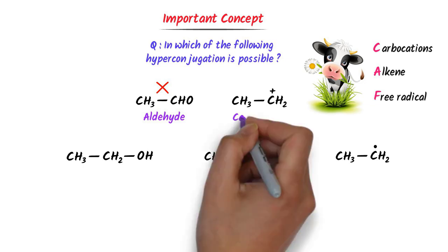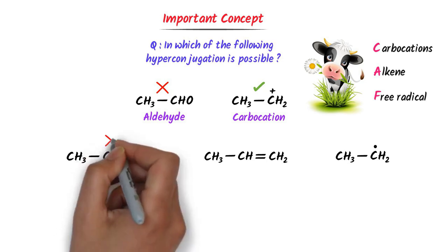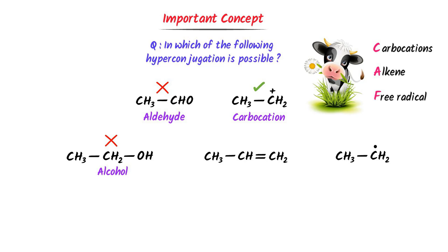The second compound is carbocation. Hyperconjugation is possible. The third compound is alcohol. Hyperconjugation is not possible. The fourth compound is alkene. Hyperconjugation is possible. The fifth compound is free radical. Hyperconjugation is possible. Thus remember that hyperconjugation is only possible in CURVE.